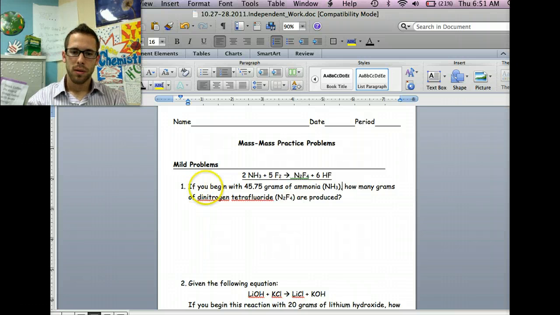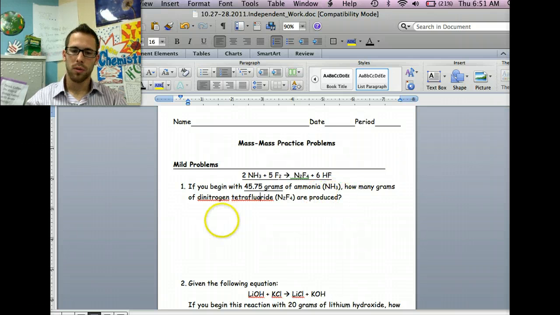If you begin with 45.7 grams, boom, underline it, draw an arrow, say this is what I need to calculate. Put an exclamation point, great. Of ammonia, NH3, how many grams of dinitrogen tetrafluoride, or N2F4, are produced?